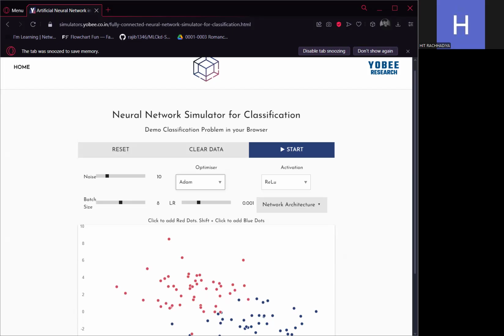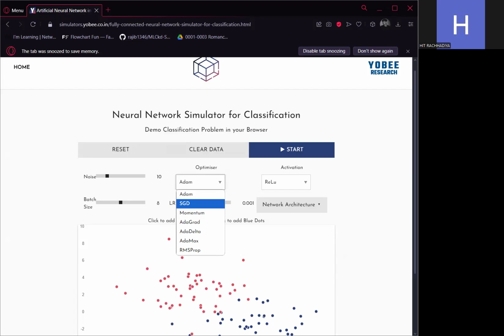The common optimizers are SGD, Adam, where Adam's full form is adaptive moment estimation, then RMSprop, Adagrad, Adadelta, and Adamax, and these are all given.